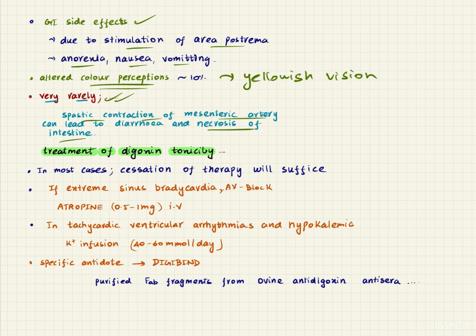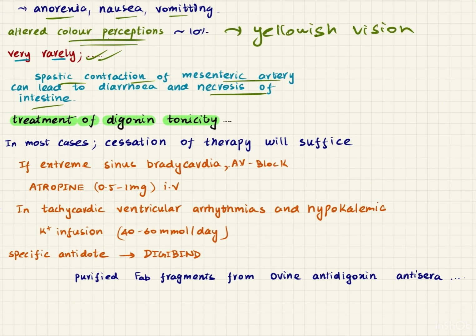We just saw the manifestations of digoxin toxicity. How do you think we can treat digoxin toxicity? In most cases, just cessation of the therapy would suffice. But in cases of extreme sinus bradycardia or AV block, we can treat it with atropine 0.5 to 1 milligram IV.